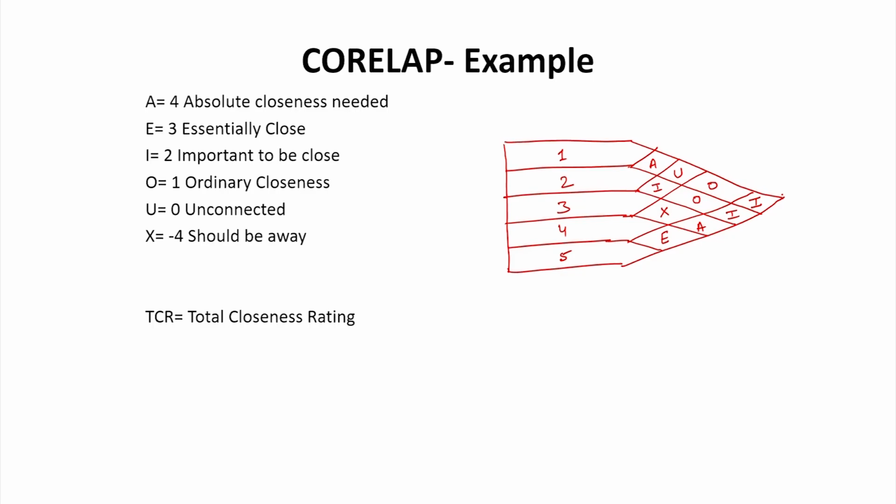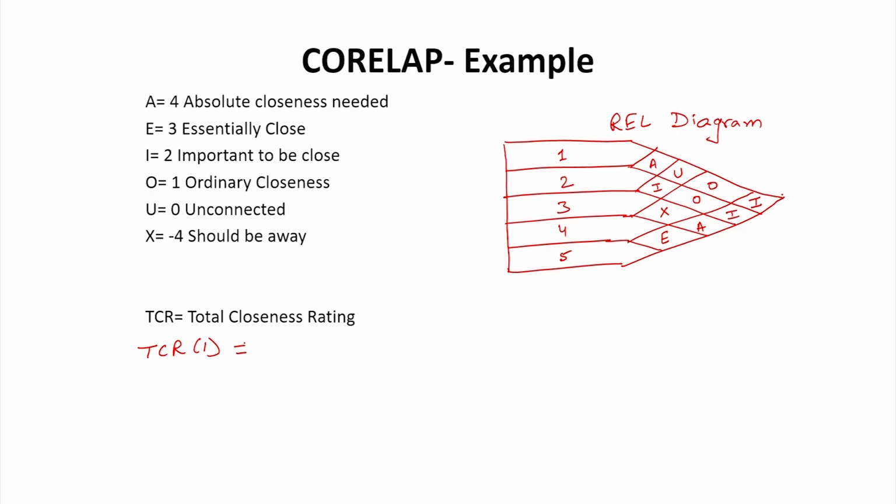Now, let us calculate the total closeness rating of the various departments with the help of this relationship diagram, which is called the REL diagram. Okay. Now, let us calculate the total closeness rating of department 1.